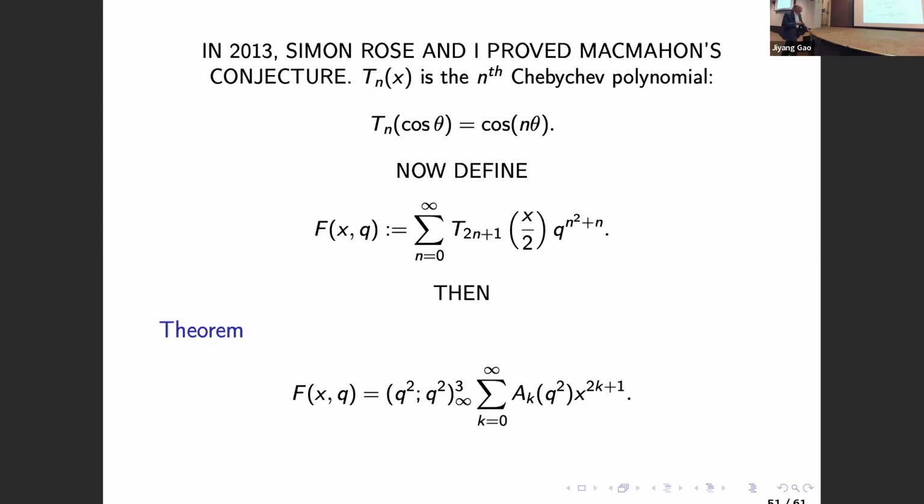And then the theorem is that this f of x is actually the generating function, modulo a product, for these A_Ks, these coefficients in the generating functions for the generalization of divisor sums.